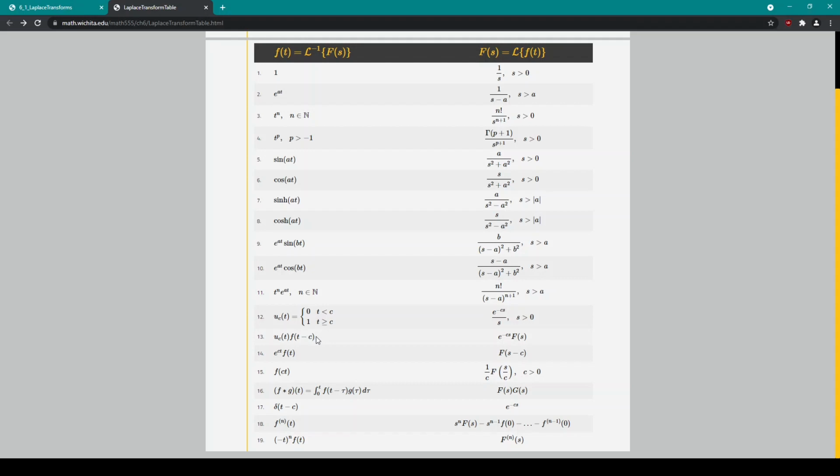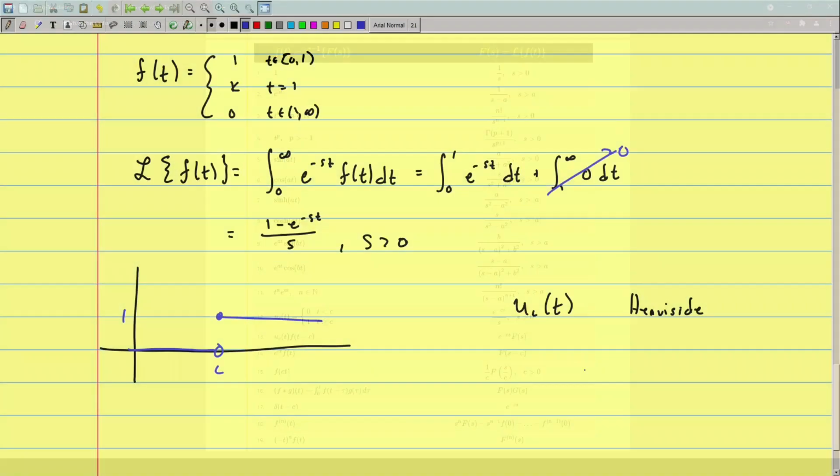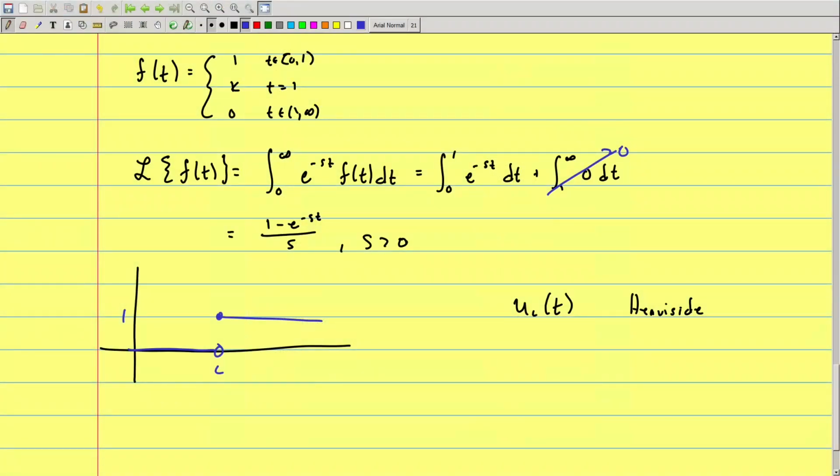So if we imagine, for instance, that this looks like this, this would be an example of sine that is 0 until c and then turns on.